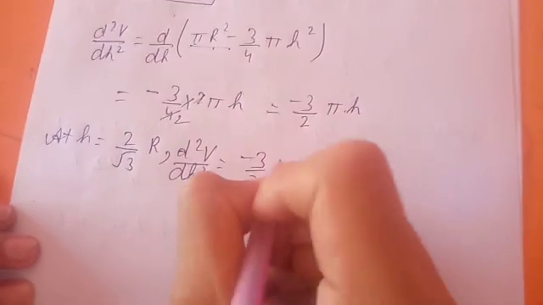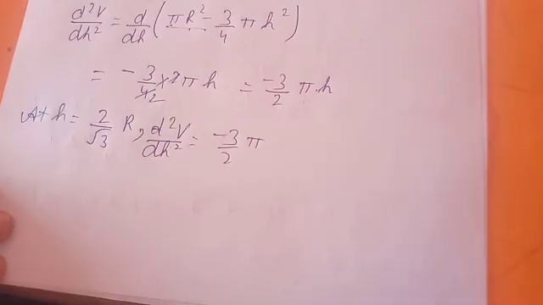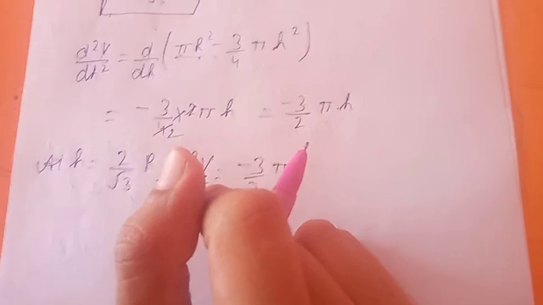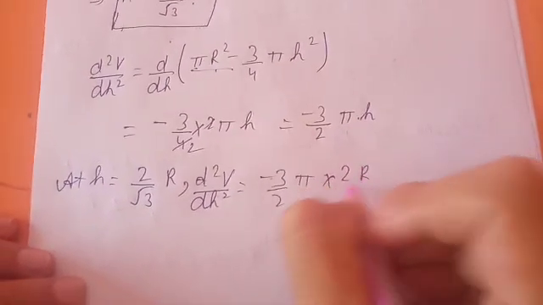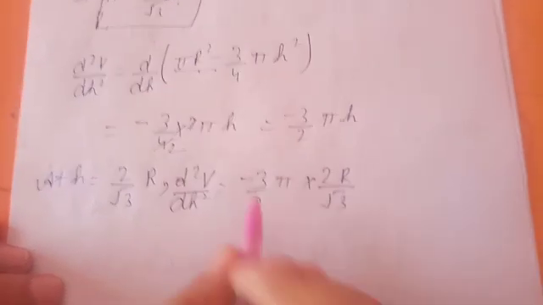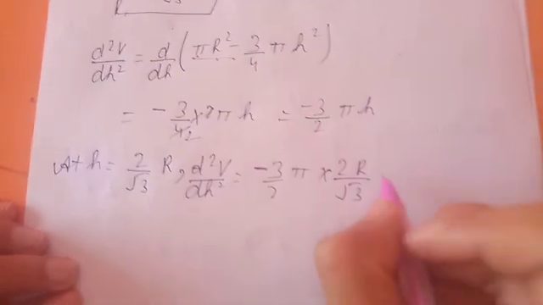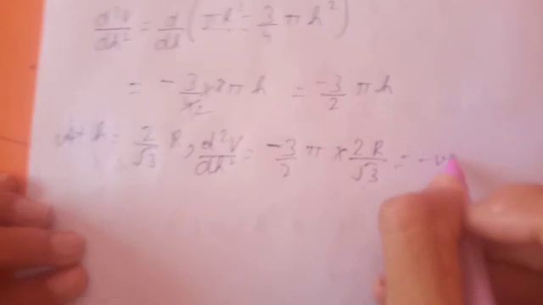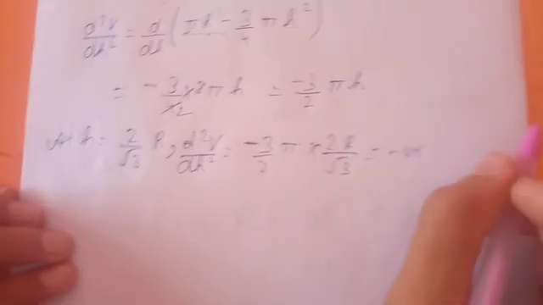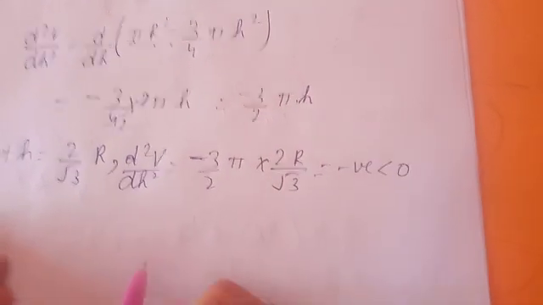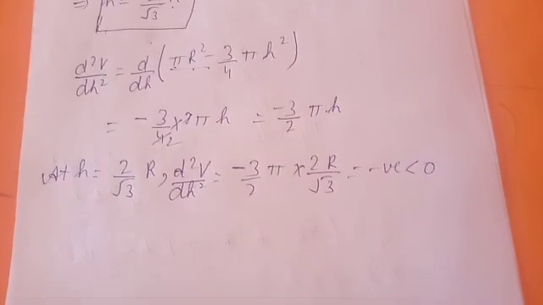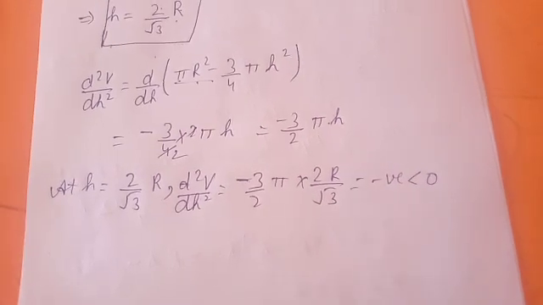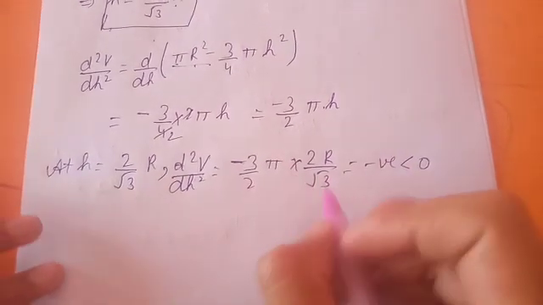Minus 3 by 2 pi, and we'll put the value of h here, that will be into 2R by root 3. A negative sign is there, which means our whole value will be negative, and if it is negative, it is less than 0. And we know whenever our double derivative is less than 0, then we have a point of maximum there.